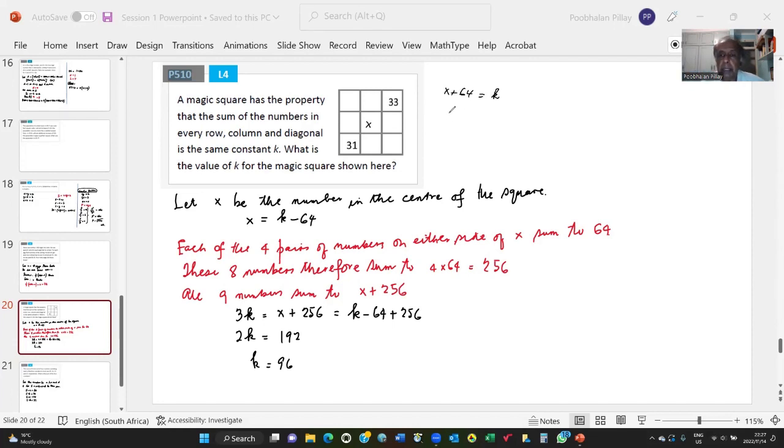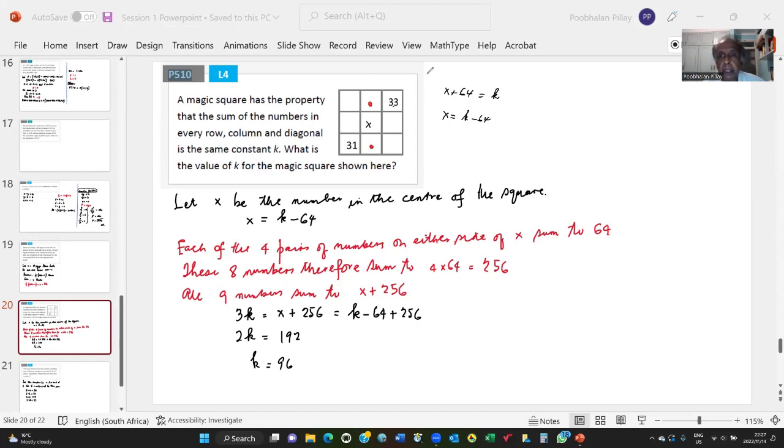Which amounts to the same thing. X is equal to K minus 64. Now, what's important is that the other two numbers add up to 64. So then you'll have the same kind of thing. When you add these two numbers, you're going to get 64.